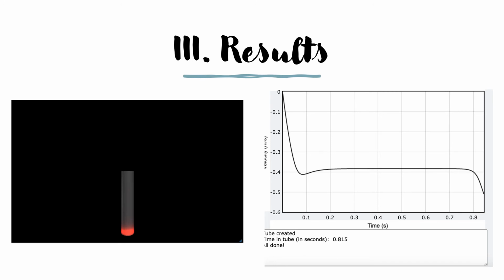As a result, we observe the simulation of the magnet going through the foil at the left and the graph of the velocity versus time, and as a result the time was 0.815 seconds.